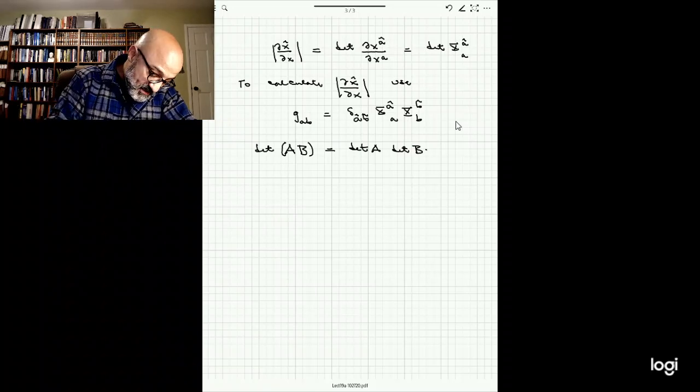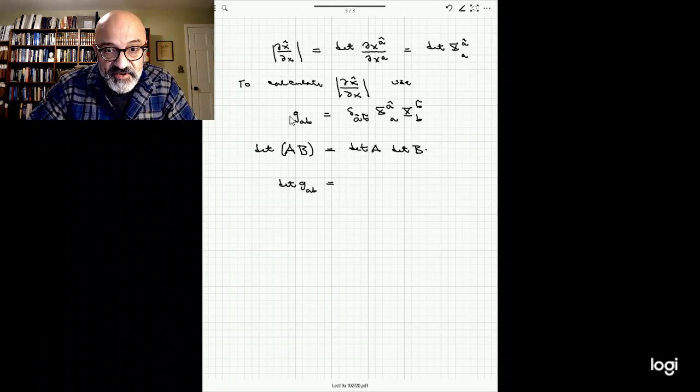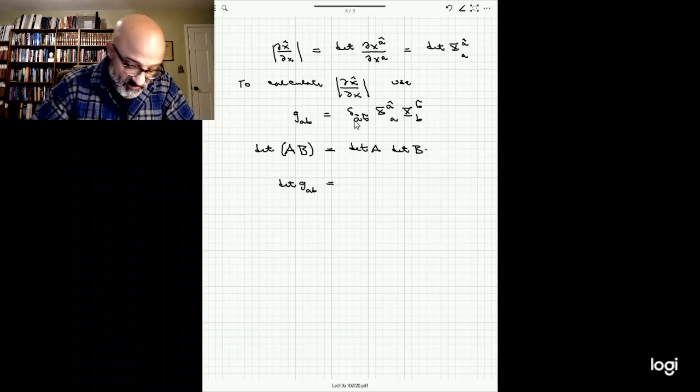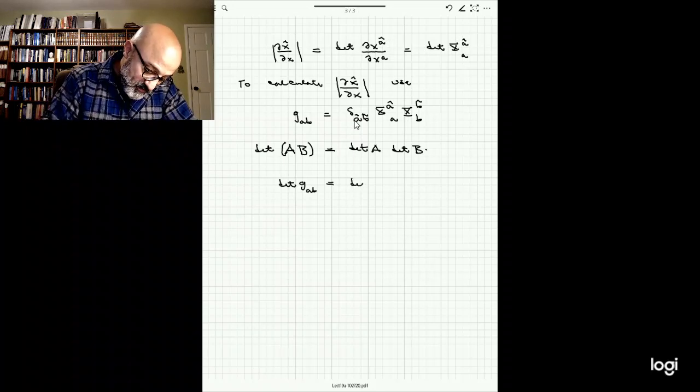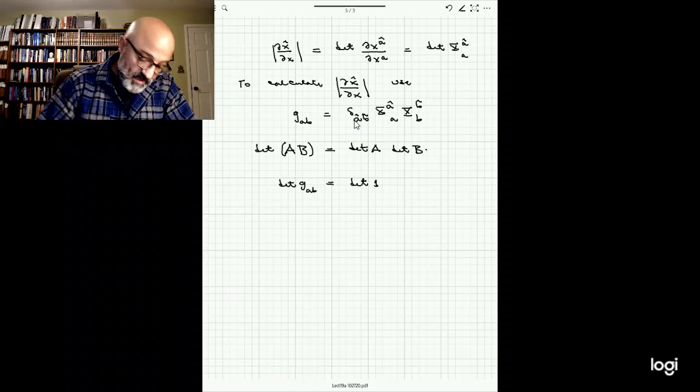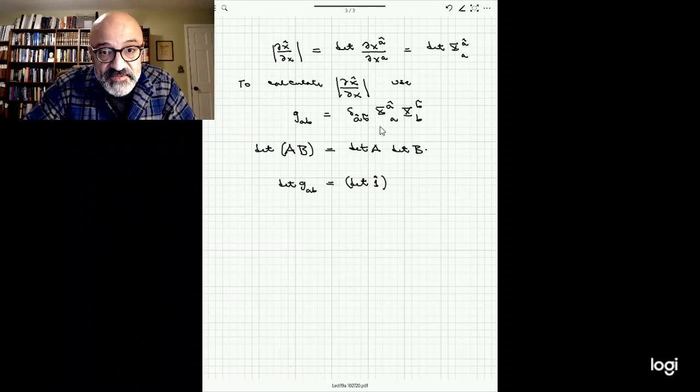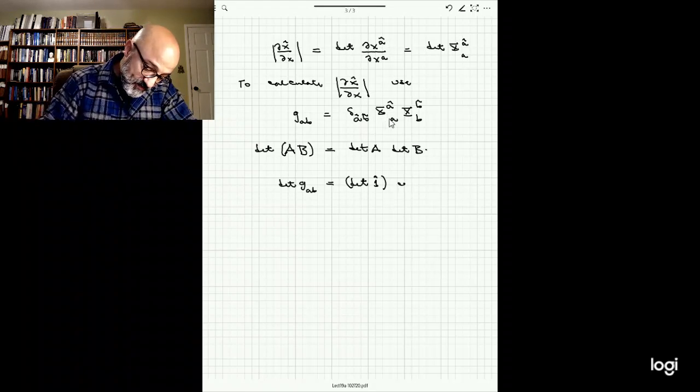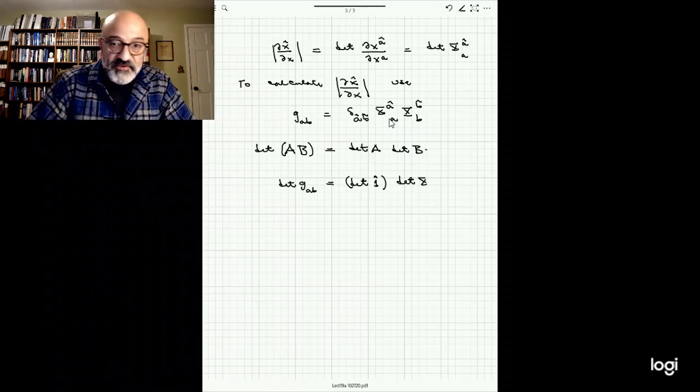On the one hand, we have the determinant of this matrix, which in principle we know what the matrix is, so nothing prevents us from computing the determinant. Then we have the determinant of 1, the determinant of the identity matrix. That's the first matrix being multiplied here. Then we have the determinant of X, the transformation matrix.